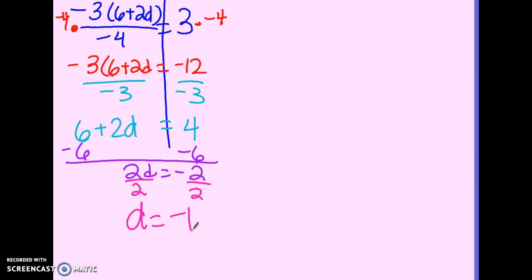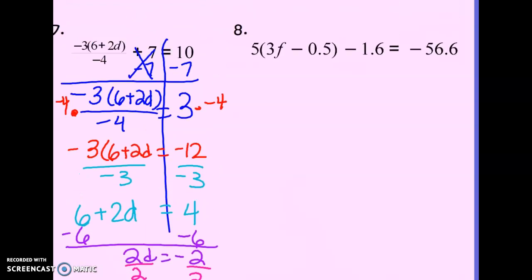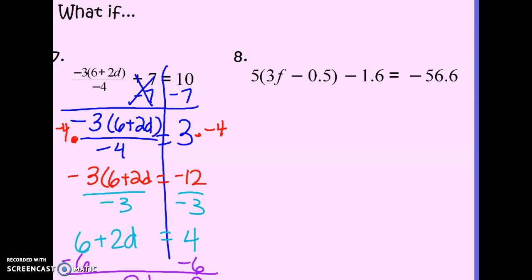So let's go back to our next example. I'm going to go ahead and draw my line. So the first thing, again, this one's very similar to the last one. I have distributive property, and then I have this where I'm subtracting, so I need to undo that first.